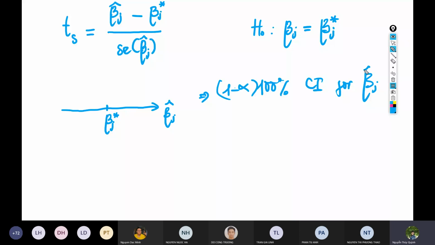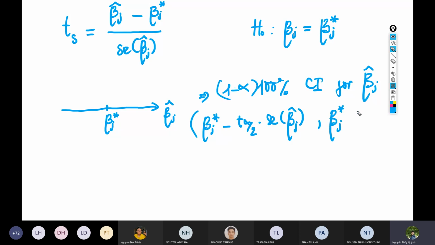That will be beta j star minus t alpha divided by 2 times the standard error of beta j hat, to beta j star plus t alpha divided by 2 times SE of beta j hat.